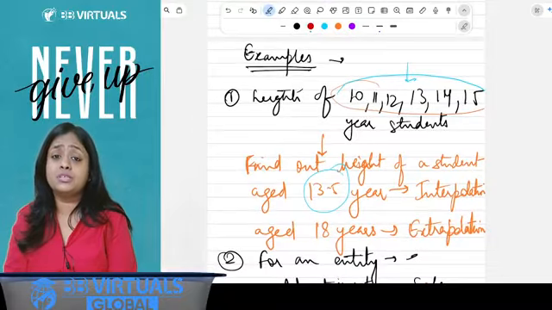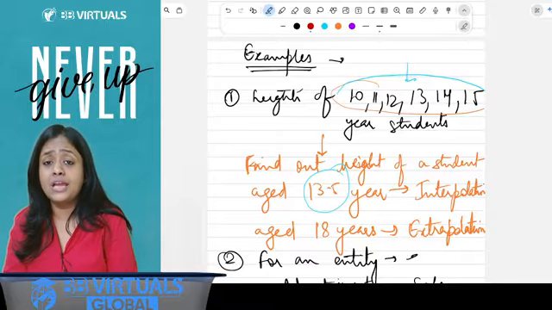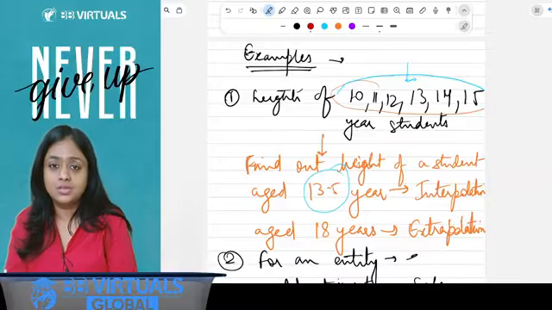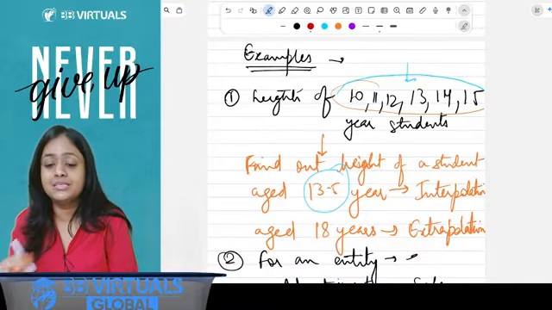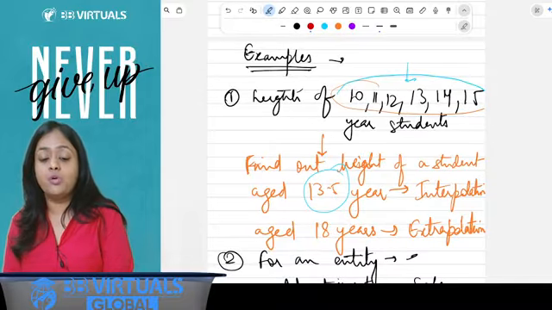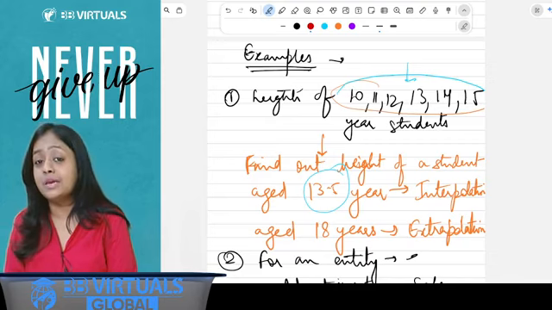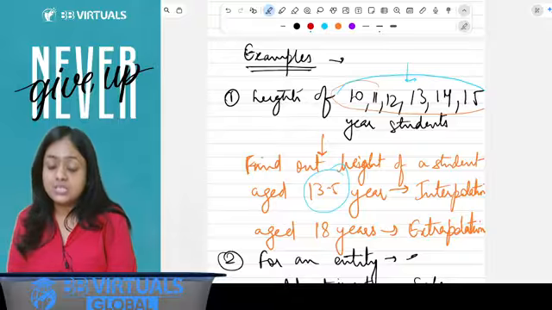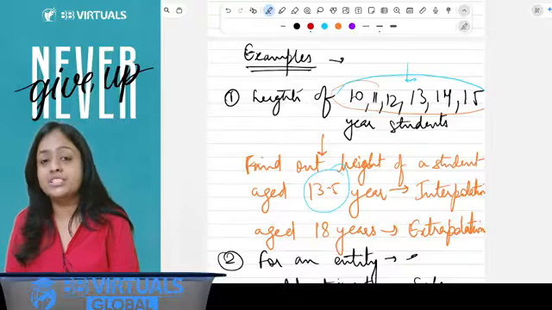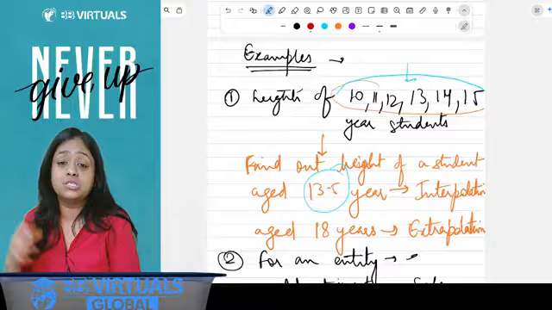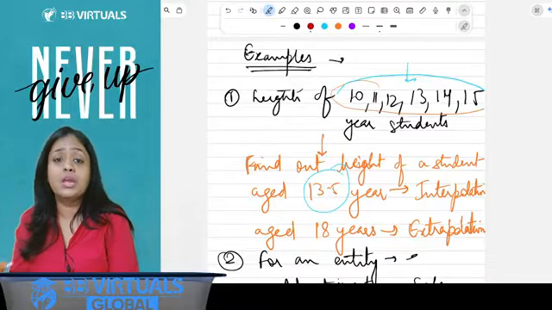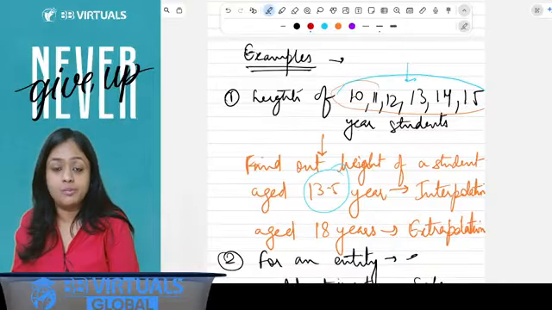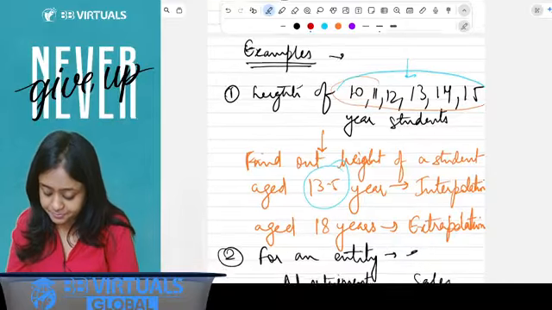Now the next question says find out the height for a 20-year-old student. 20 is beyond 15, which means whatever estimation I do will have some element of uncertainty. This is known as extrapolation. Extrapolation means doing predictions outside the range. When you're doing it within the range, you generally have certainty about the values.